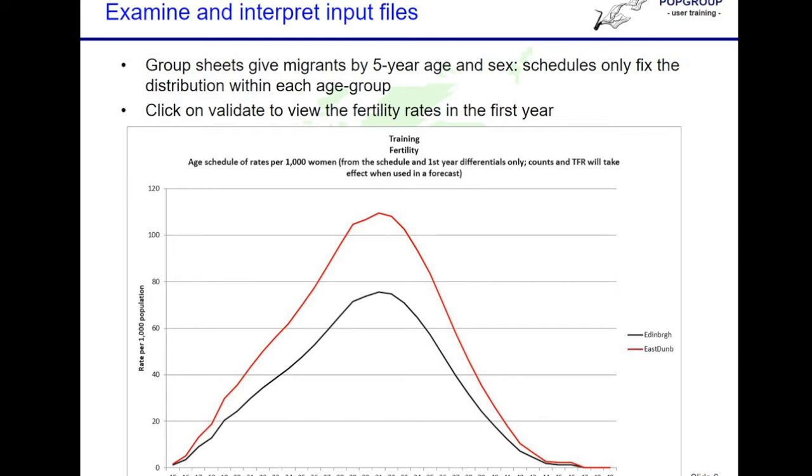So here is a validation of the fertility file in the National Records of Scotland 2016 based projection, and we can see here the fertility schedules for Edinburgh in black and East Dunbartonshire in red, indicating higher levels of fertility in East Dunbartonshire, but a similar shape of fertility schedule in that the peak of fertility is about at the same age in each of our areas.